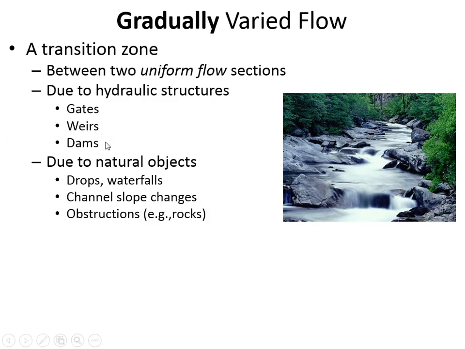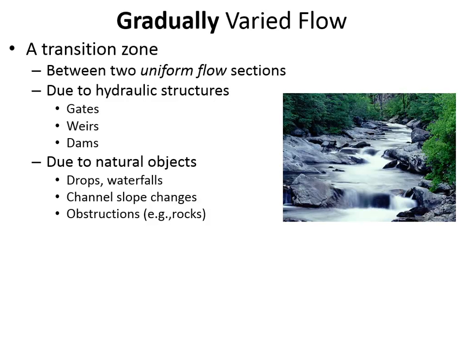We'll look at the things that cause gradually varying flow, but there's really uniform flow, which is what we started off talking about, rapidly varying flow, which means hydraulic jumps, and gradually varying flow. Those are, broadly speaking, the three categories of flow when we're talking about changes with respect to position. Either the flow depths can be constant, they can change quickly, or they can change slowly.